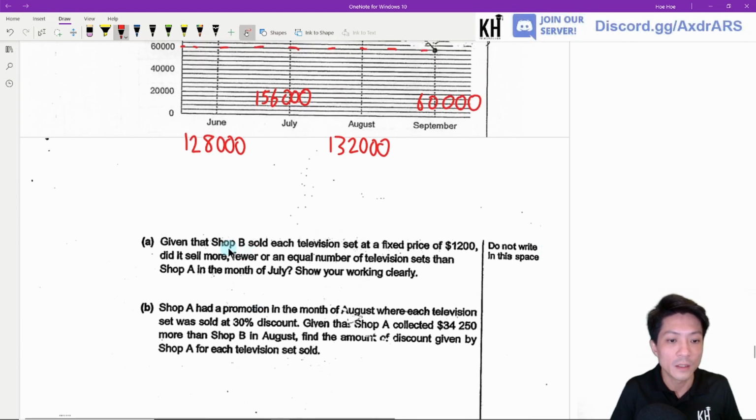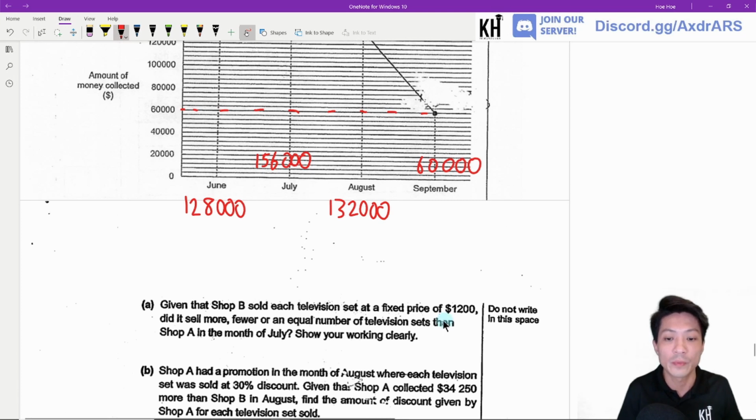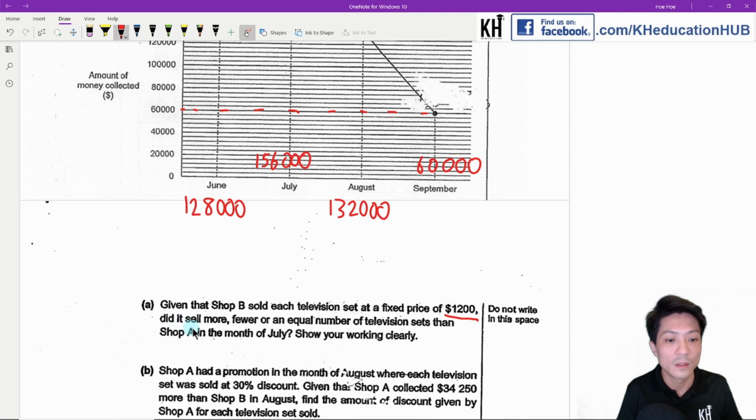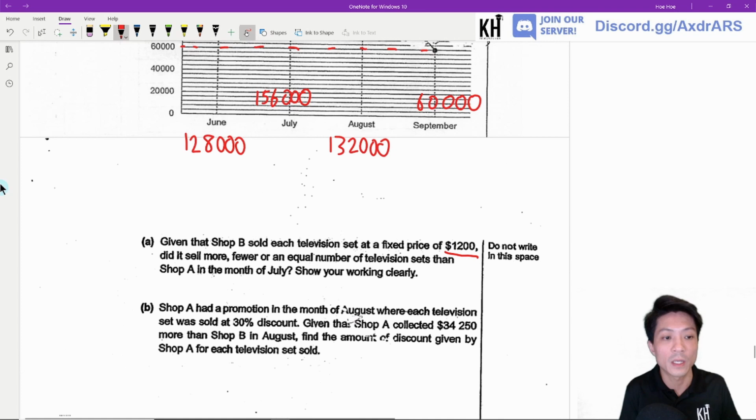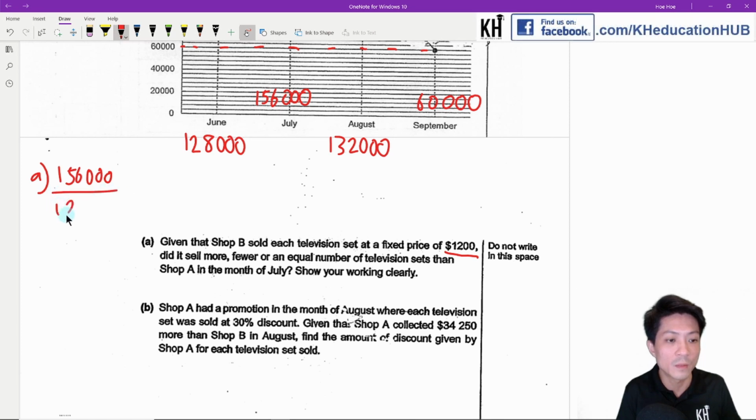Okay, part A. Given the shop B sold each television set at a fixed price of $1,200. Did it sell more, fewer, or equal number of television sets than shop A in the month of July? Show your workings clearly. Okay, so for part A, I just need to use 156,000 divided by 1,200.